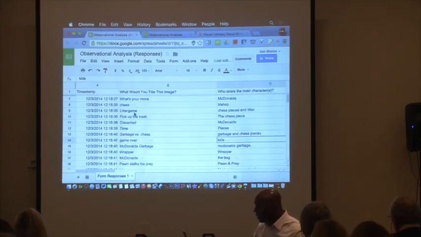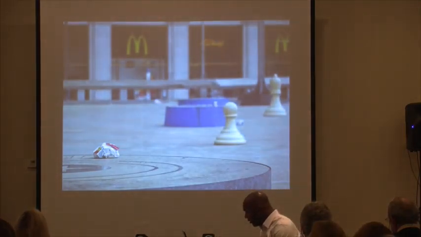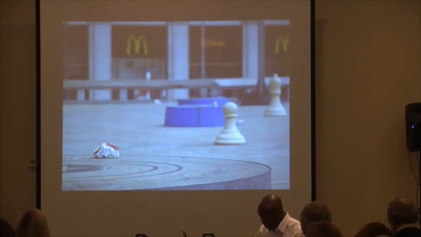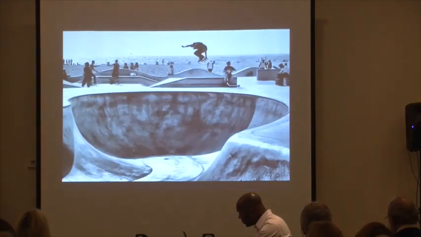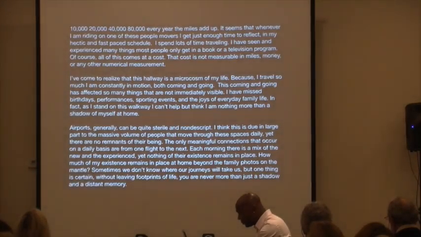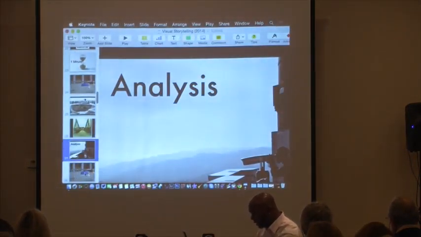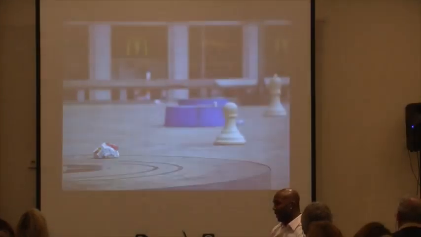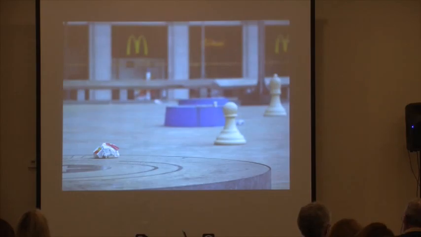Okay, so what you've done here is an analysis of an image that I have created, that you have no background story or any background information. It was solely based on you interpreting what you're seeing: your title, who are the characters in it, what are the details in it.